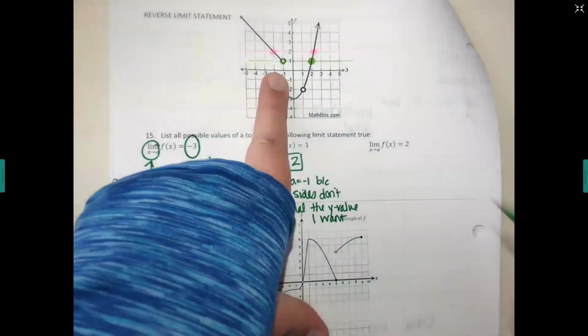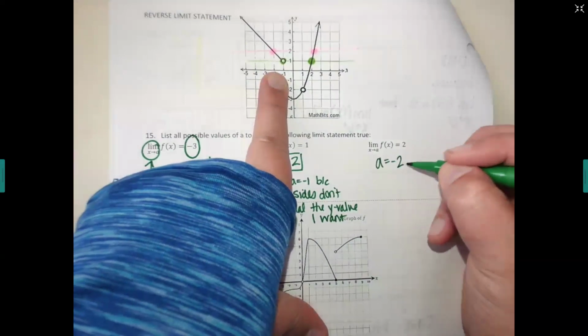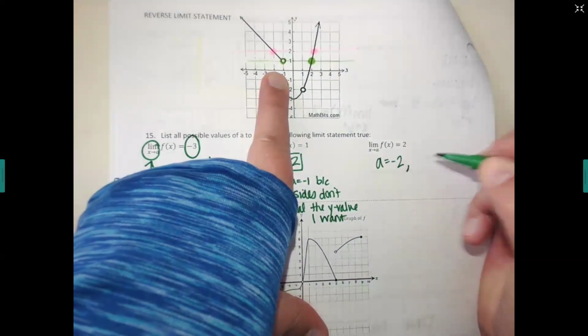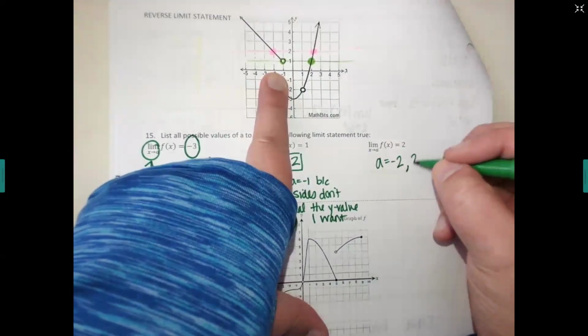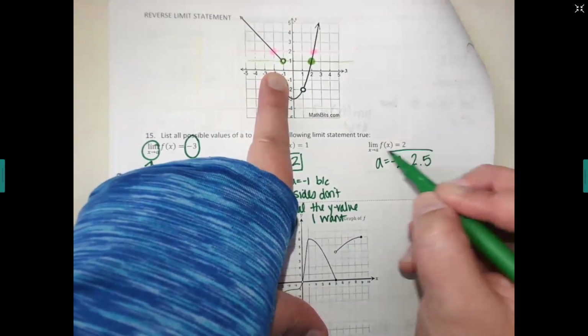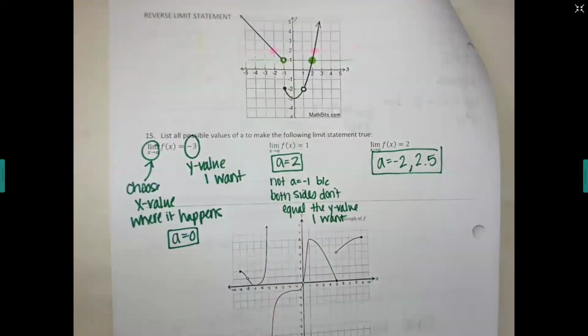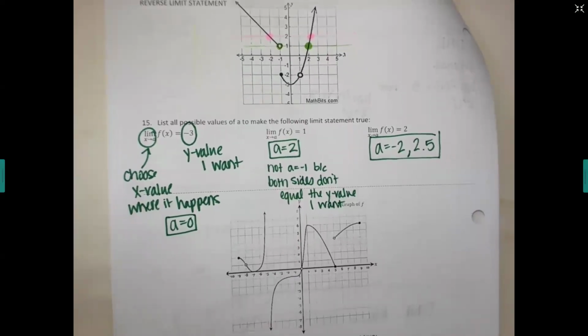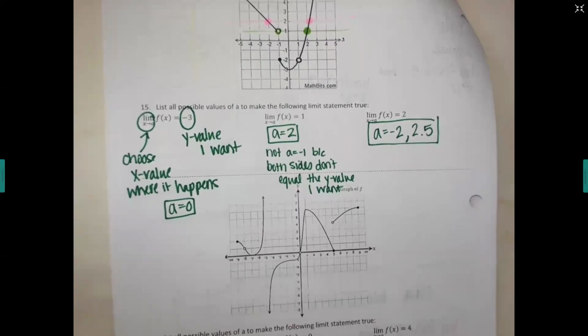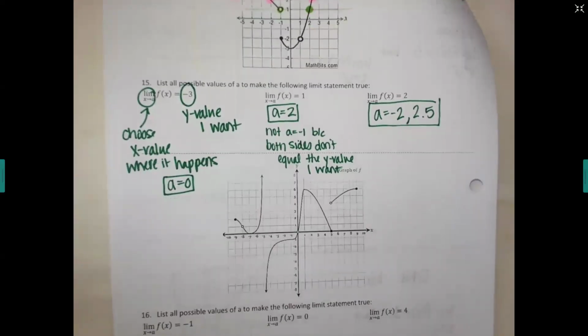So I would list a equals -2. And also, we'll say that's like 2.5, since it's not perfectly on it. Okay, so try that bottom question. You have 3 of those to try. You're listing x values to give you the limit with the answer they gave you.